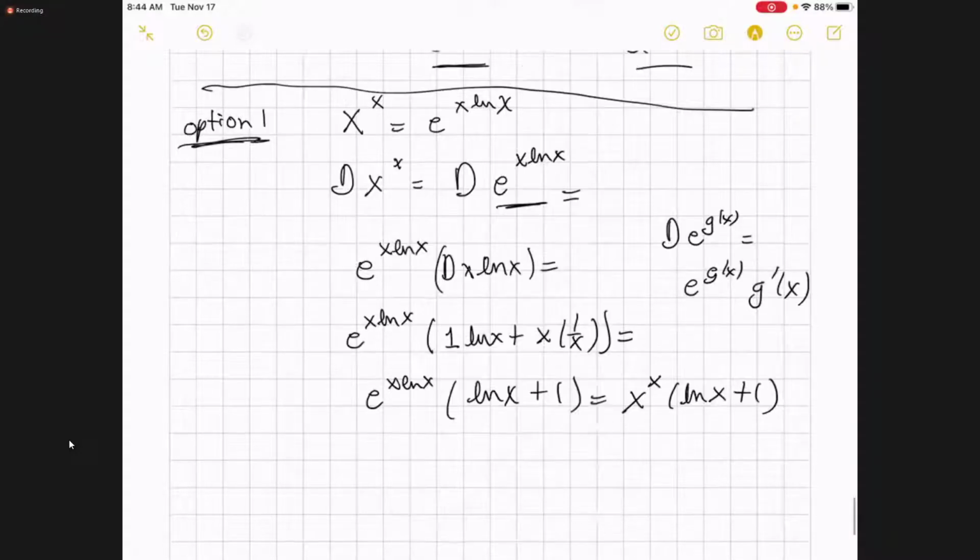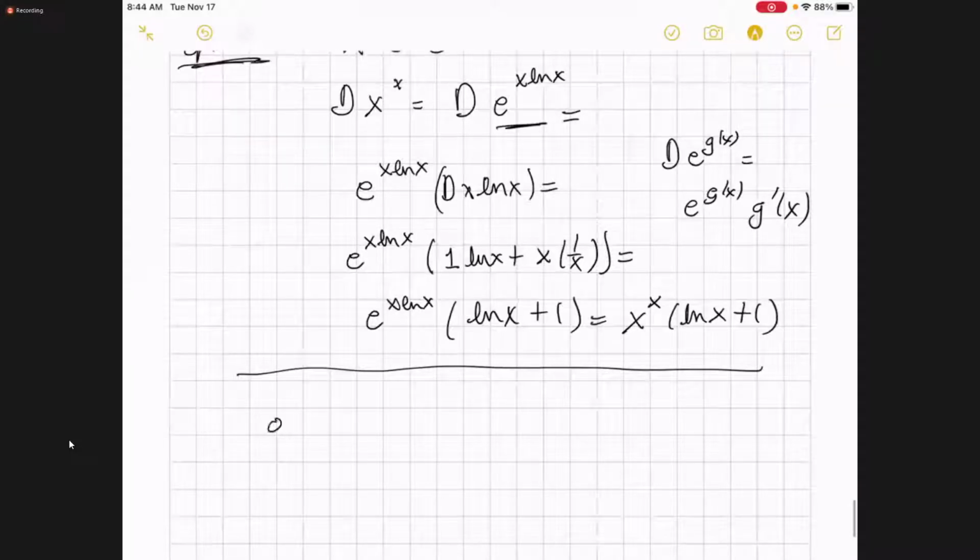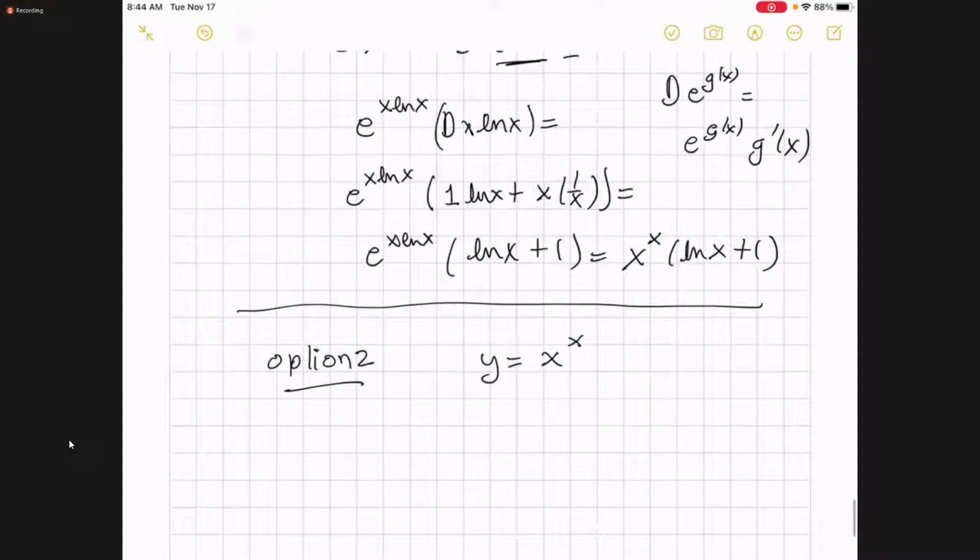The other way: I'm going to name this function y, and I'm going to take the natural log of both sides. Why am I doing that?